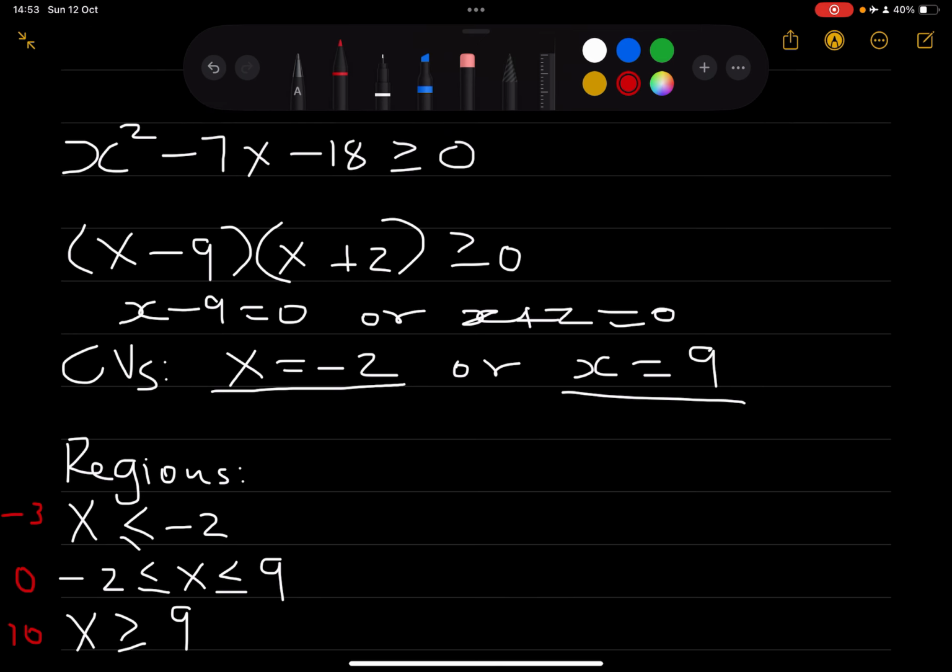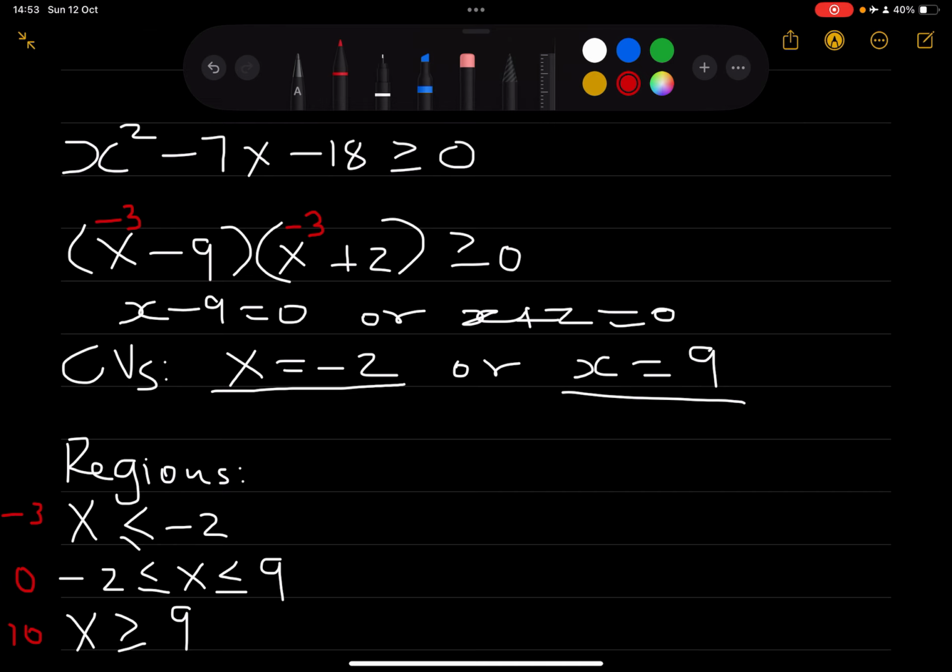Now let's do this. If I put negative 3 here and negative 3 there and press it on a calculator, let's see what we're going to get. Negative 3 minus 9, and then another bracket, negative 3 plus 2. We get 12.